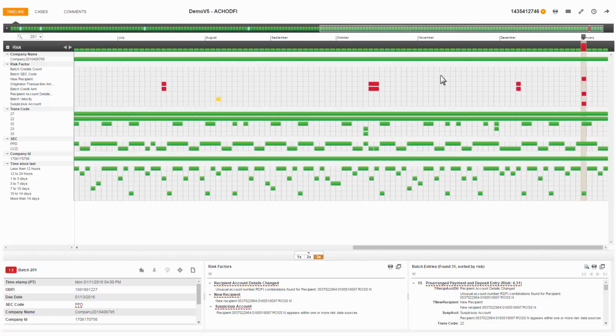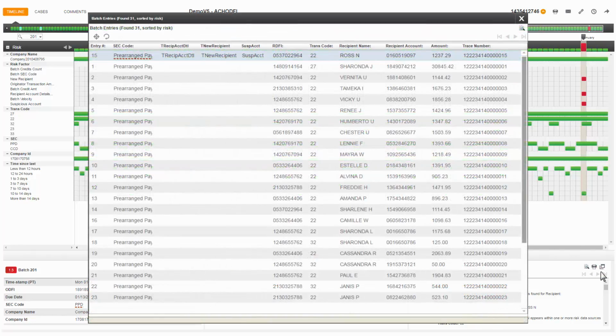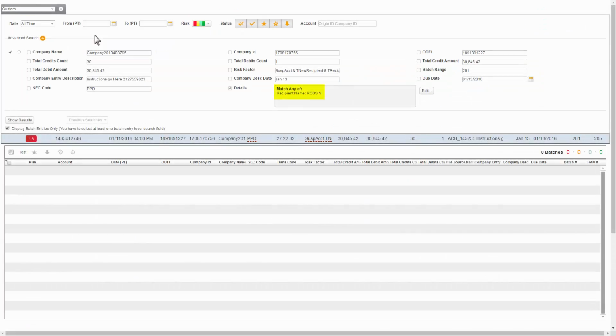I need to do some deeper research on this individual batch entry and Ross. Guardian Analytics ACH ODFI displays the batch's entries with the riskiest ones at the top. I can drill down to a specific recipient.